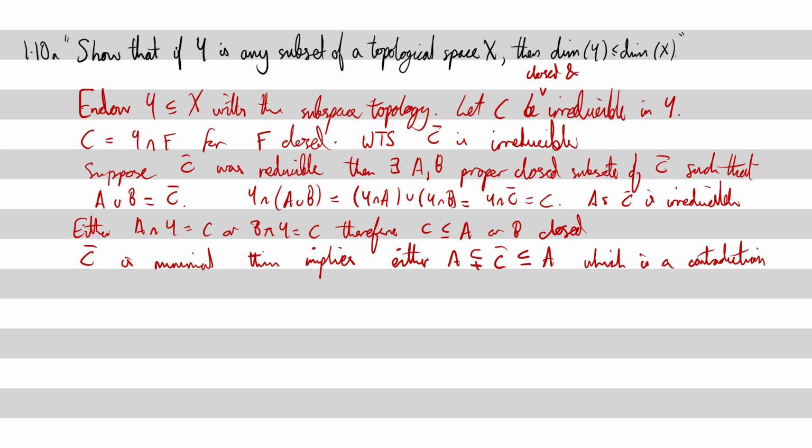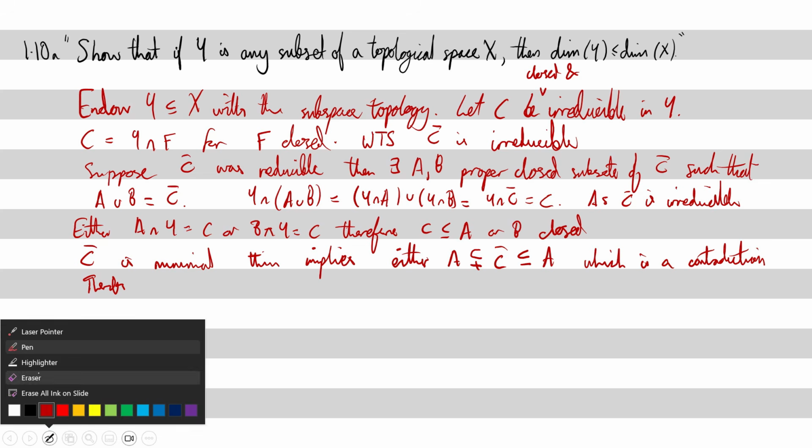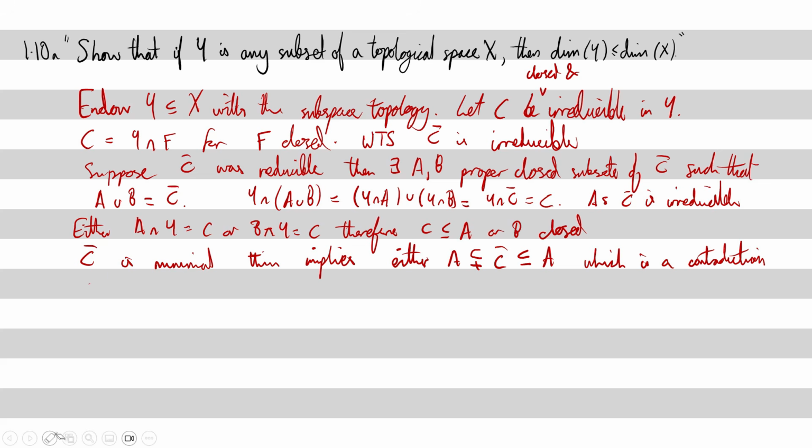The only thing that we've supposed is that C bar is reducible. Therefore, C bar is irreducible.